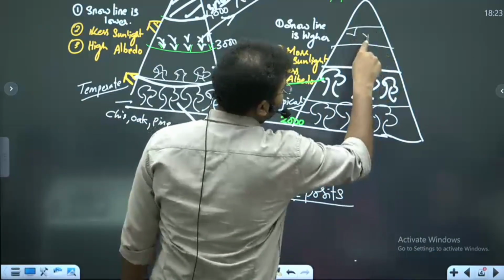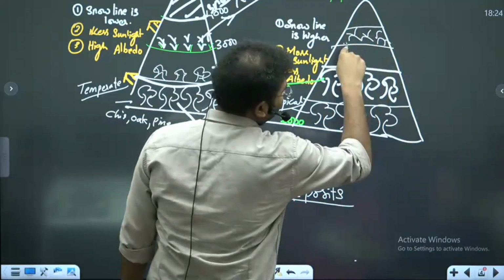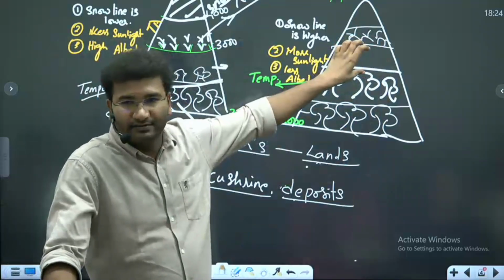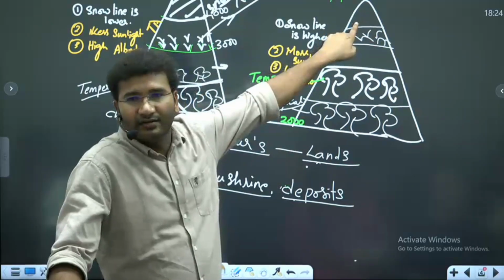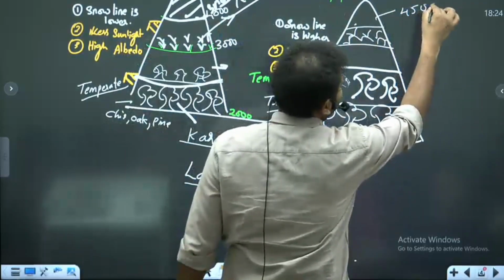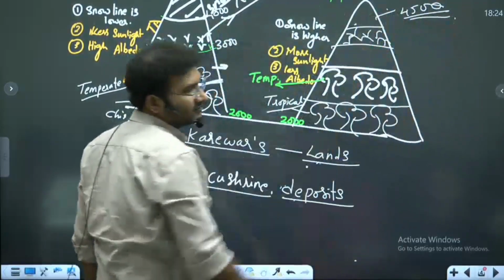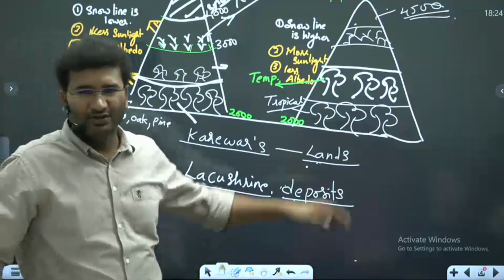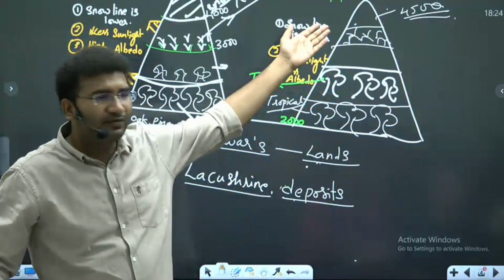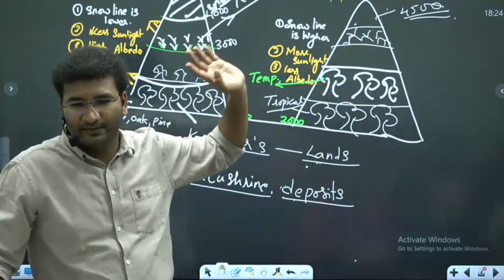Then meadows are present here. High temperate, and then the snow line. The snow line here, instead of 4,000 meters, might be found at 4,500 meters. The snow line is always higher. Usually at 3,000 you get snow, summer, winter and all. But at 3,000, 4,000 meters, there you will see the snow.